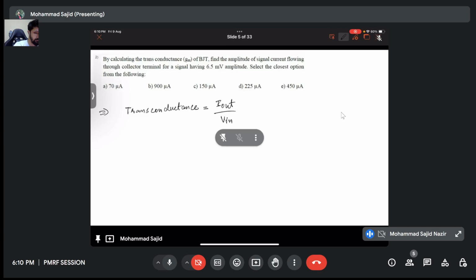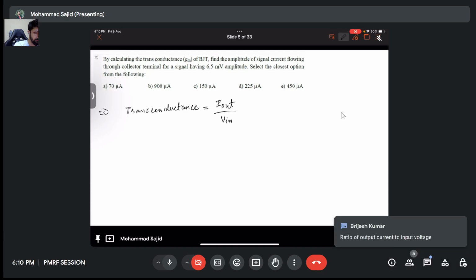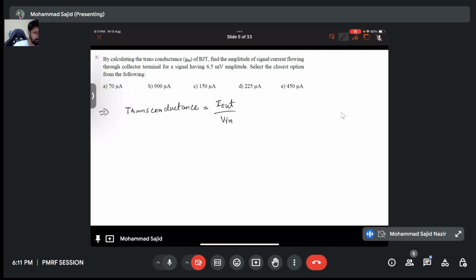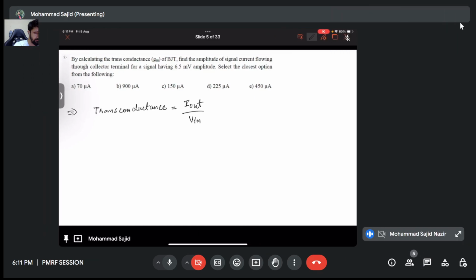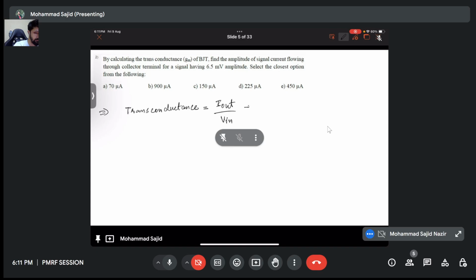Can you type in the chat box if you know? That's right. Do you know another formula for calculating GM? This is correct, what you have said: output current by input voltage.